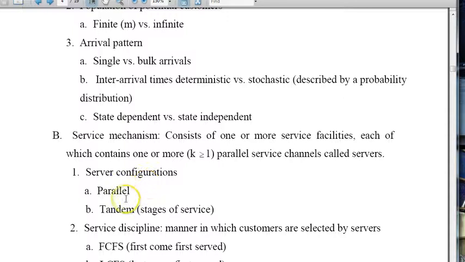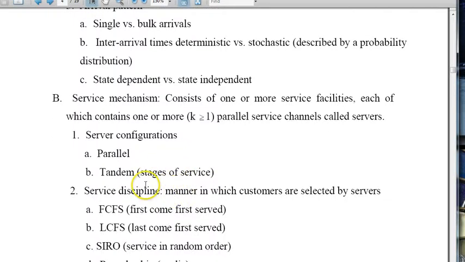If I have two, they are called in parallel. Sometimes you have servers called in tandem, like in machine handling systems, where a part going through a series goes to the first machine to have something done and goes to the second machine. So the machines are servers, but they function in tandem or in stages.